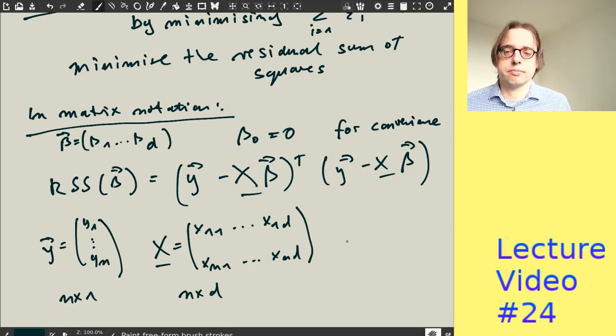And beta we already have here, that's our vector containing the regression coefficients.